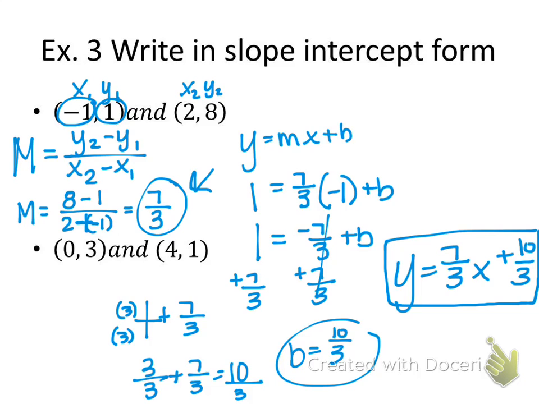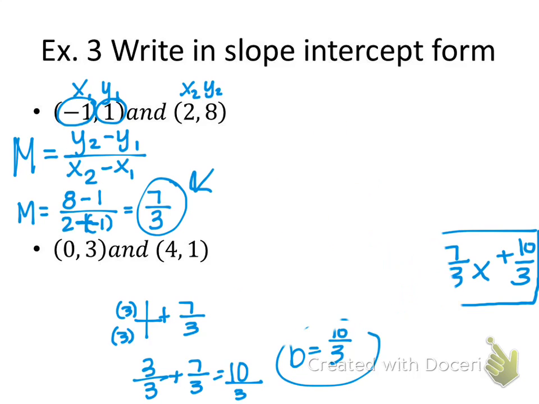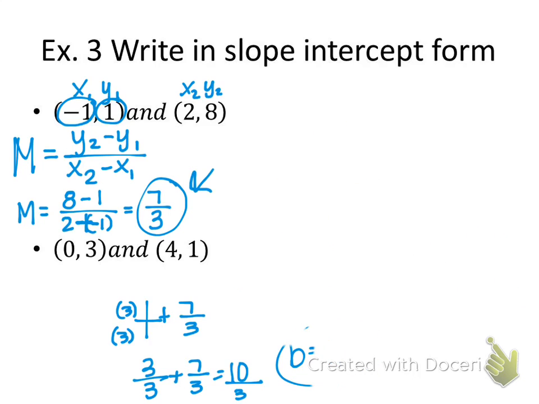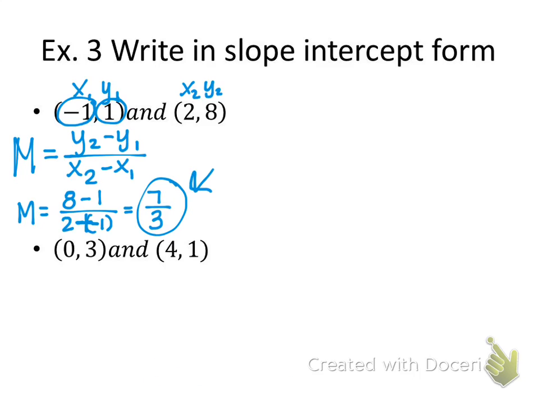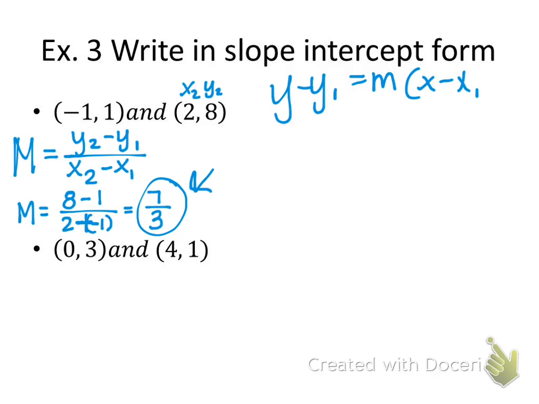Okay? Okay, so that's the first way that you can solve to find slope-intercept. This is the second way. After I've found m, I'm going to erase all this. After I've found my slope, I can use the point slope formula to solve. So I'm going to use y minus y1 equals m times x minus x1.